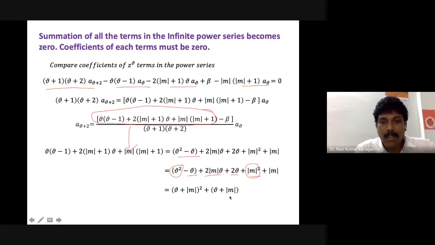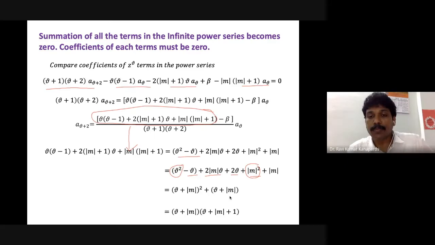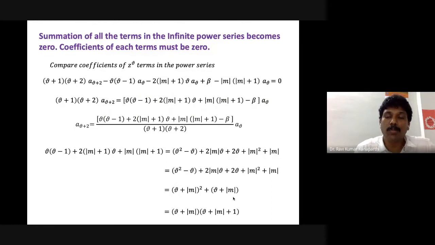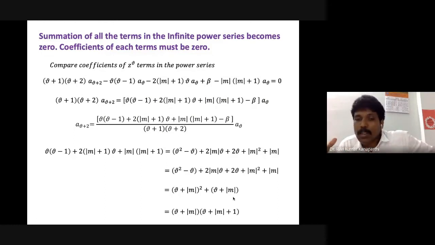So essentially what we got is nu plus modulus of m whole square plus nu plus modulus of m. So nu plus modulus of m, if you take as a common factor, then the answer becomes nu plus modulus of m plus 1.